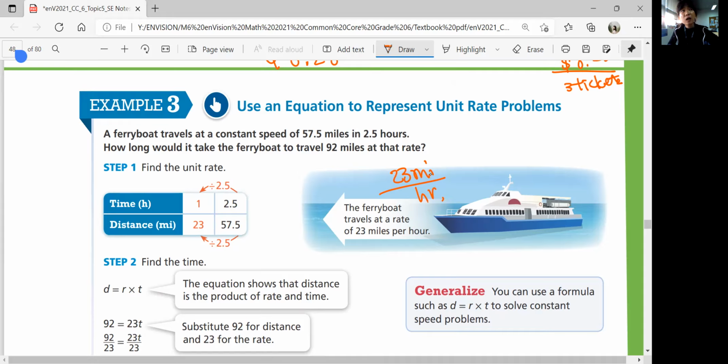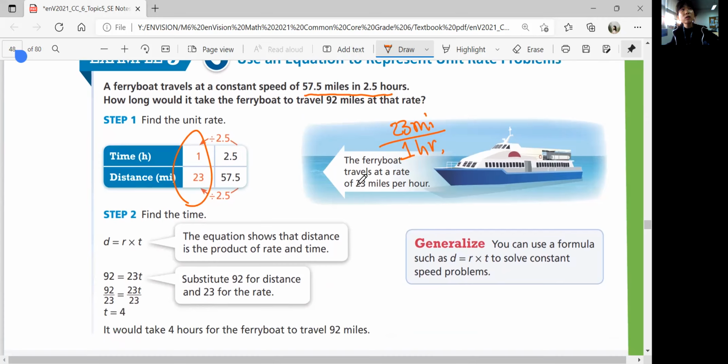57.5 divided by 2.5 is 23 miles, and 2.5 hours divided by 2.5 is 1 hour. So that is our unit rate right there. Step 2, find the time. We want 23 to become 92.